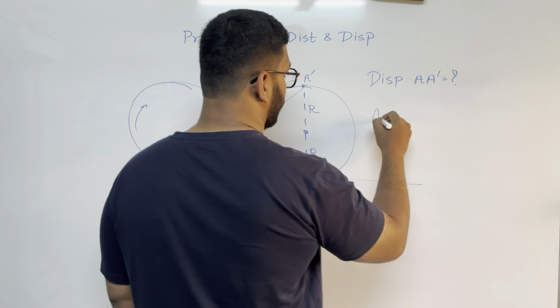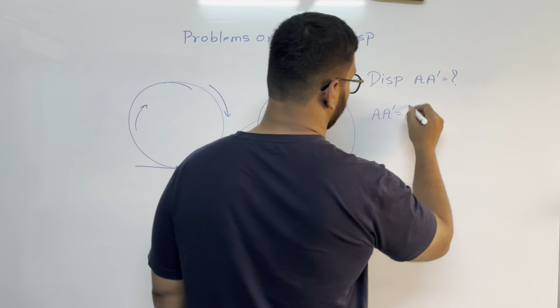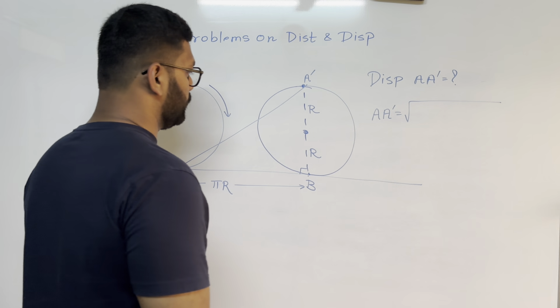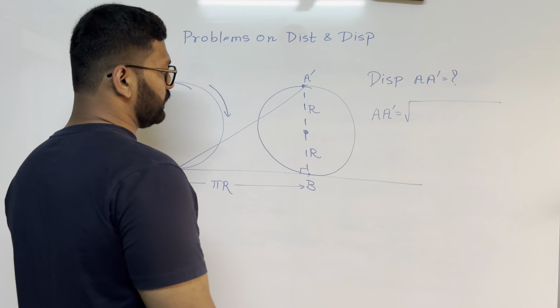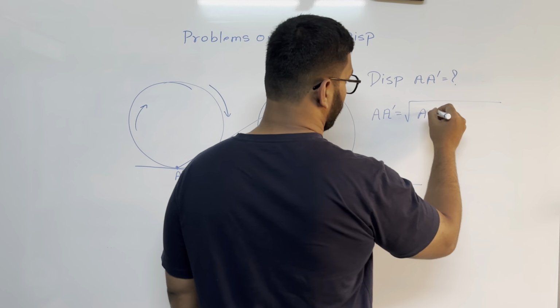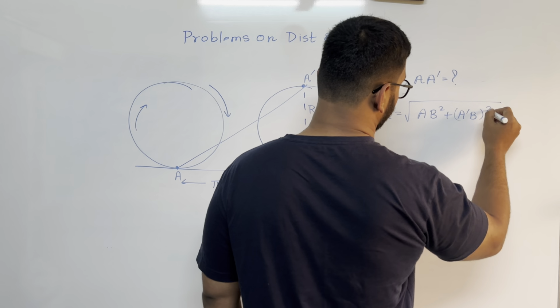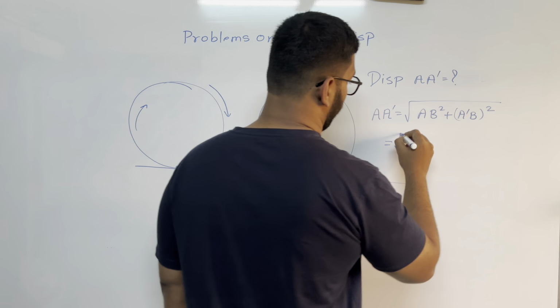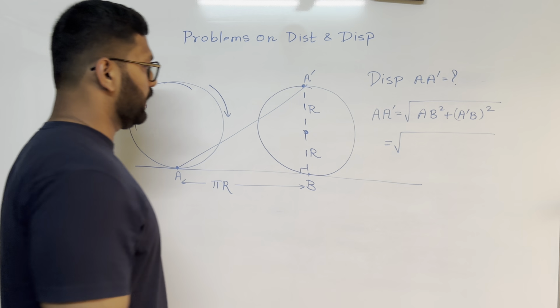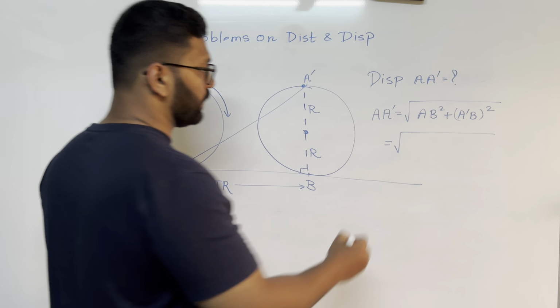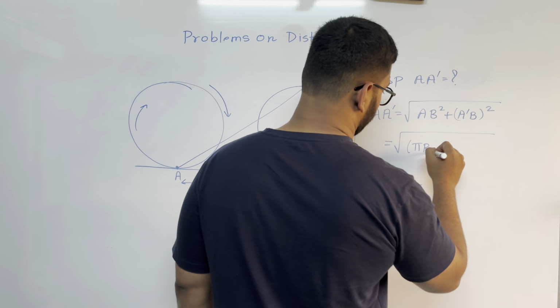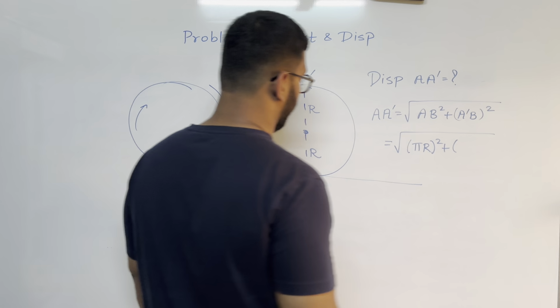So what is A dash? A dash is equal to square root of AB square plus A dash B square. So square root of AB square. What is AB square? Pi r square plus A dash B square.